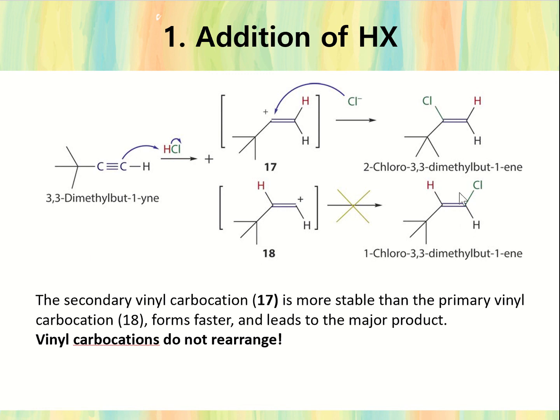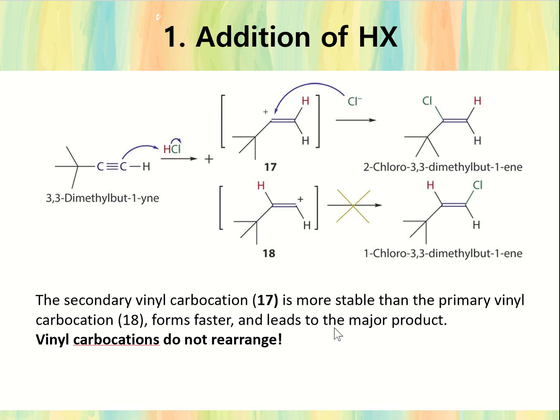And so we're seeing here that the one that will form will be 17 as opposed to 18. The secondary vinyl carbocation 17 is more stable than the primary vinyl cation 18. It forms fast and leads to the major product.